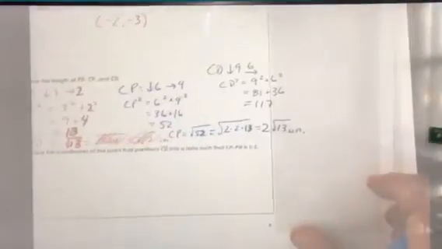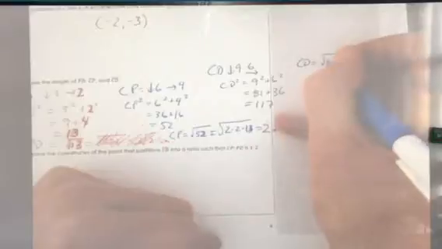Then finally CD, that's the entire thing. So for CD, we are down 9 and right 6. So we've got CD squared equals 9 squared plus 6 squared. This is 81 plus 36 is 117. So now to find CD, that equals the square root of 117.